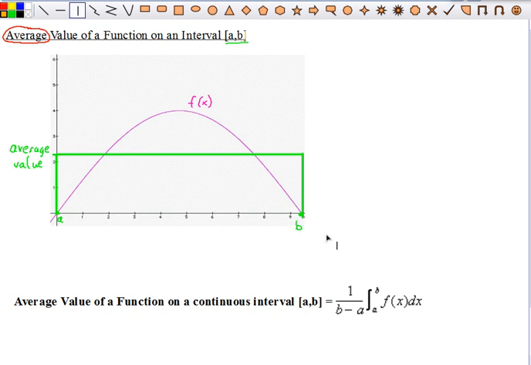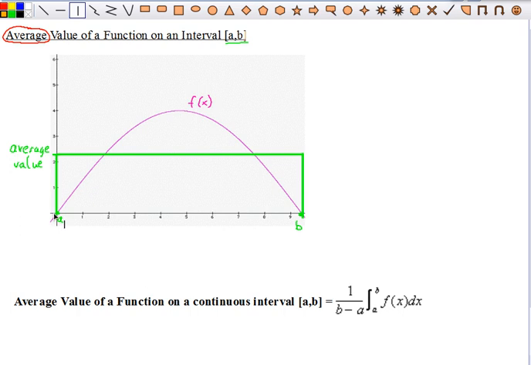So if we pick the correct average value there, mine's probably not exactly right, then what would be true is the area of this rectangle would equal the area under the curve of f of x from a to b, if it's the right average value.